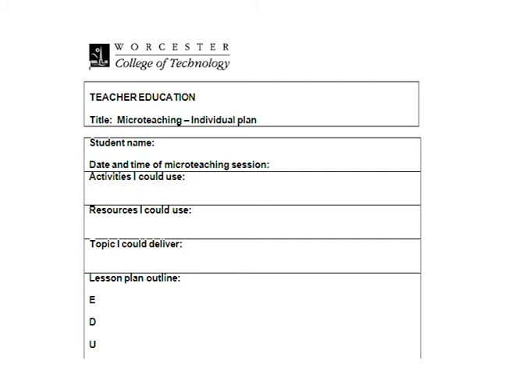It actually covers a topic that you might be thinking of, activities you could use, resources you might use, the topic to deliver, and again uses EDUCARE as a lesson plan outline. So that is there for you to use to make notes as you consider the topic for your micro session and how you're going to deliver it and assess the learning.